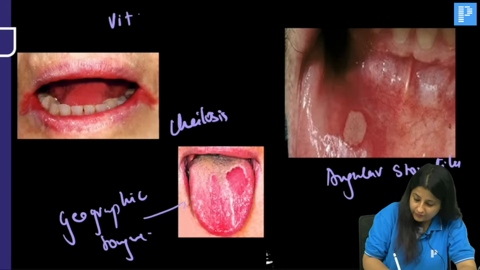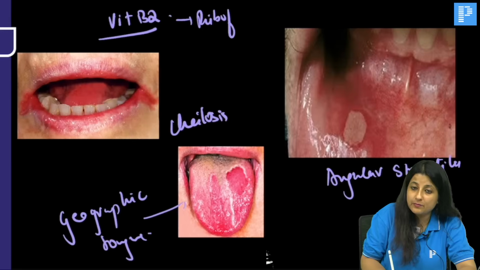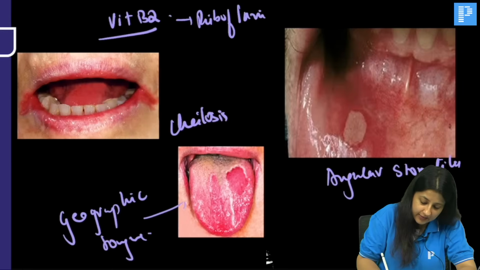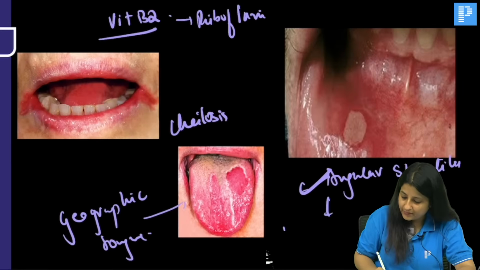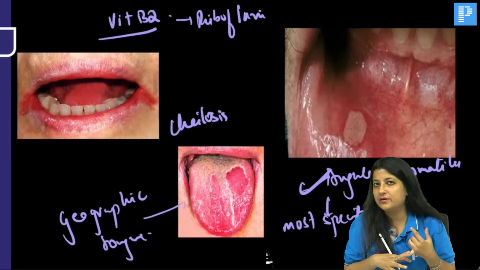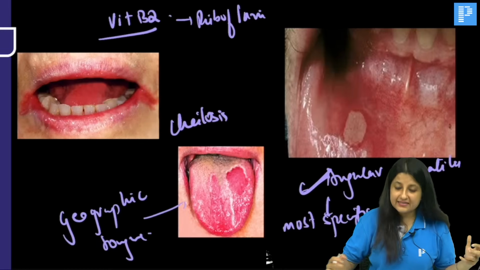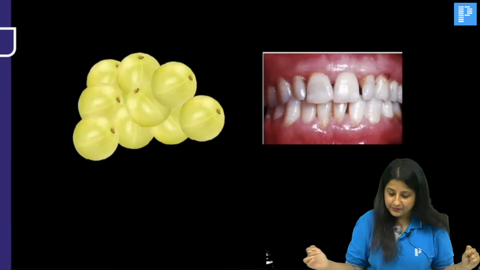B2, very good, vitamin B2 deficiency. Riboflavin deficiency, इसमें most specific finding is angular stomatitis. Geographic tongue is B2 deficiency. Beefy tongue, vitamin B12 deficiency. Strawberry like tongue, Kawasaki, scarlet fever, all those things. ठीक है? ये image आ गया.